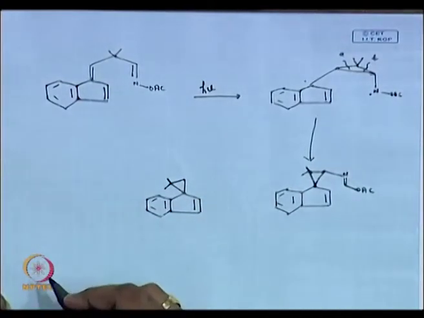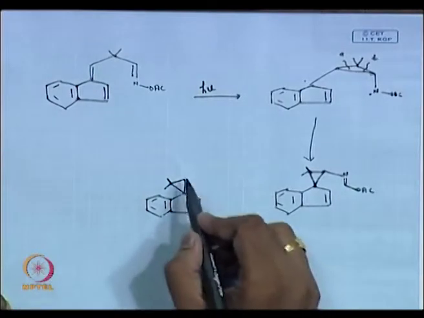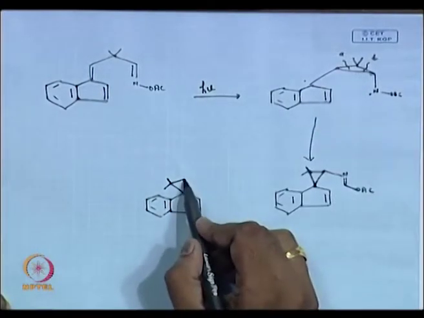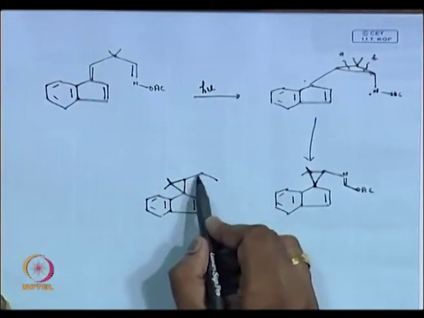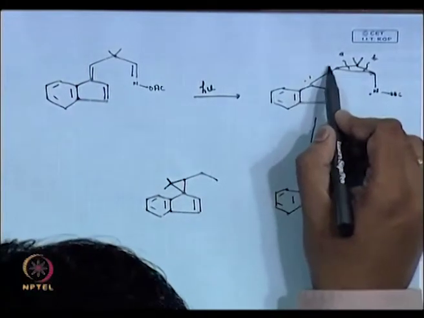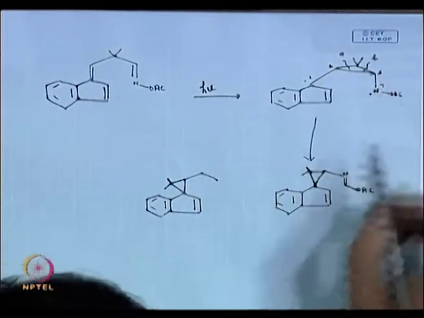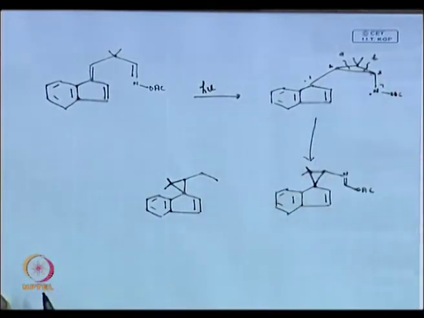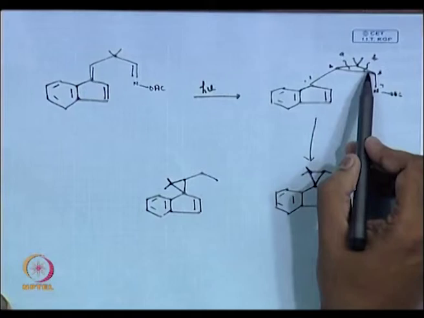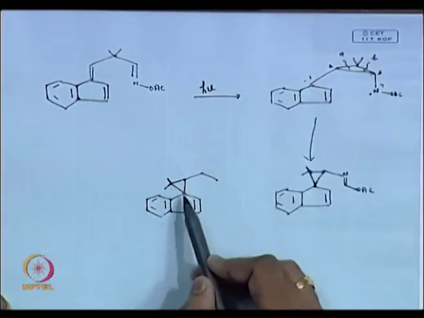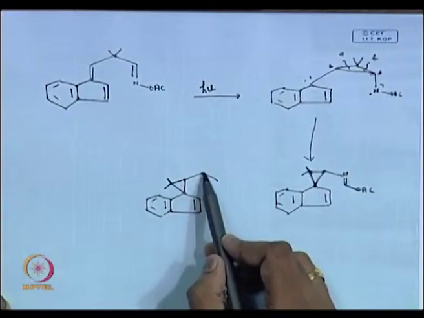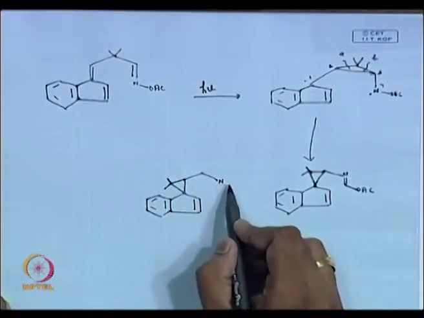You get this product, then this bond, then 1, 2, 3, 4, right? So, this bond cleaves around, and you get here the cyclopropane. So, you have 1, 2, 3 and your nitrogen is here.